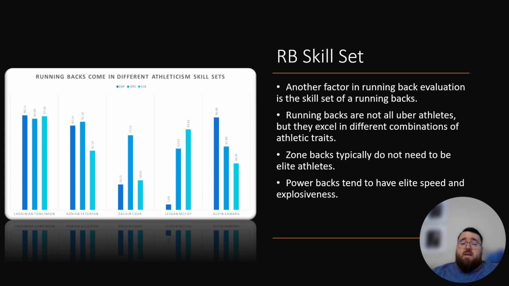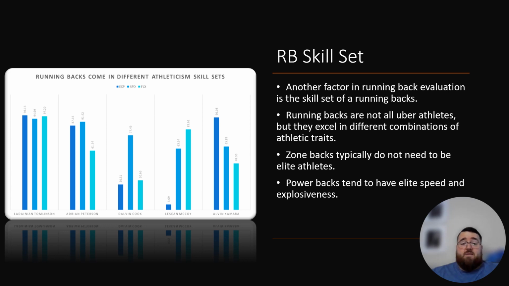No, you could be a guy like Adrian Peterson. Adrian Peterson, based on his testing numbers, was an 80 percentile explosion back with 90 percentile speed, and then he had a 60 percentile short shuttle and three cone. So his flexibility for his size wasn't that great. He was kind of stiff, but he was an uber explosive, uber fast running back that translated to the NFL level at a high level, basically a power back.